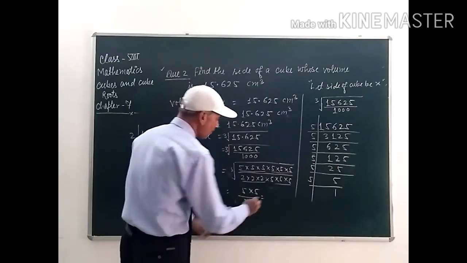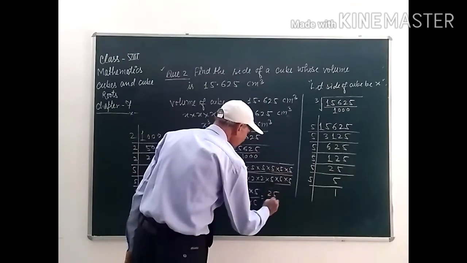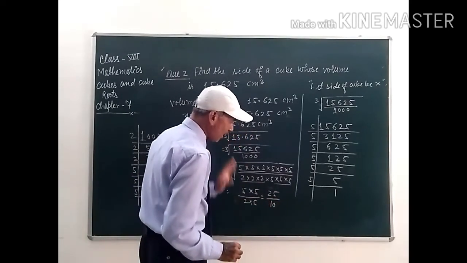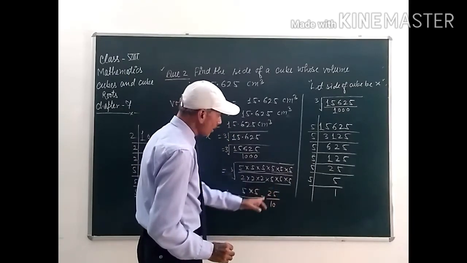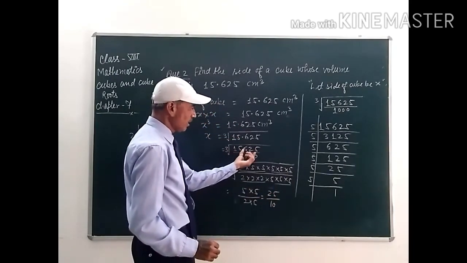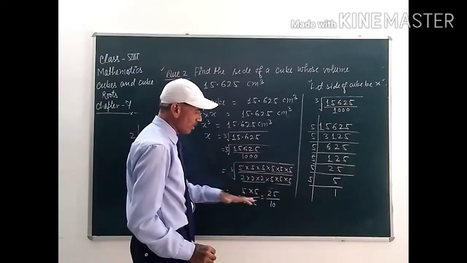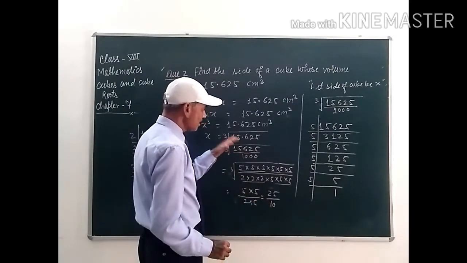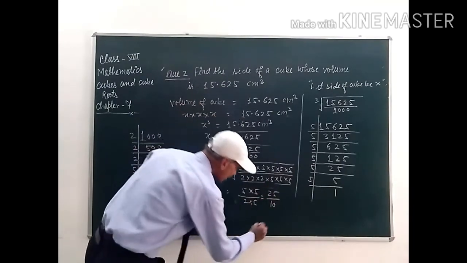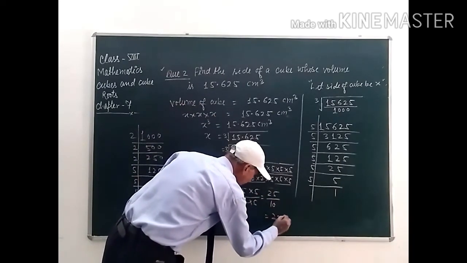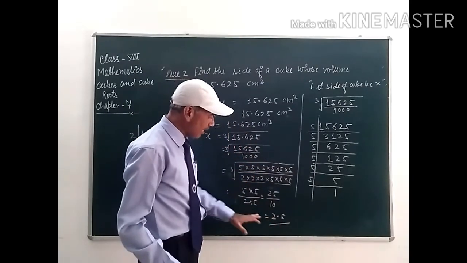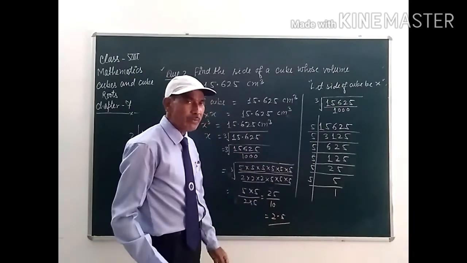That is 5 fives are 25 and that is 10. 25 by 10, this is the cube root of 15,625 upon 1000, but this number is a decimal number, so you have to put the answer in decimal, that is 2.5. Divide 25 by 10, you will get 2.5.